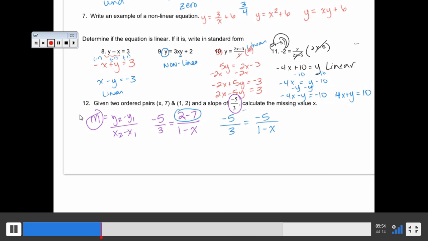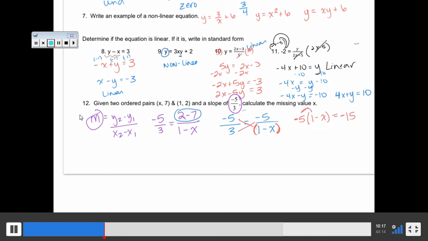Now I actually see a little trick that I could use here, but I'm not, just so that I can practice using this proportion. I'm going to put parentheses around my binomial so that whenever I cross multiply, we've got negative 5 times 1 minus x equals 3 times negative 5, which is negative 15.